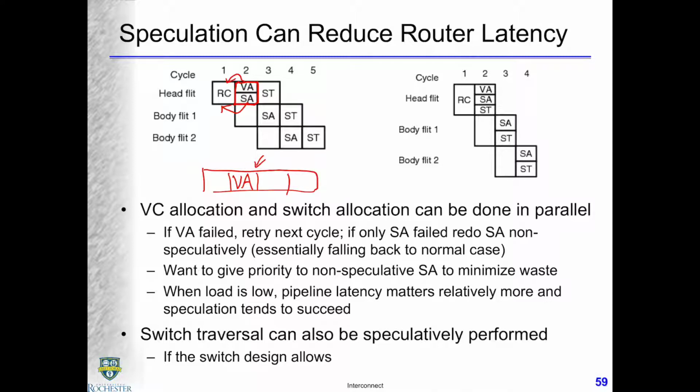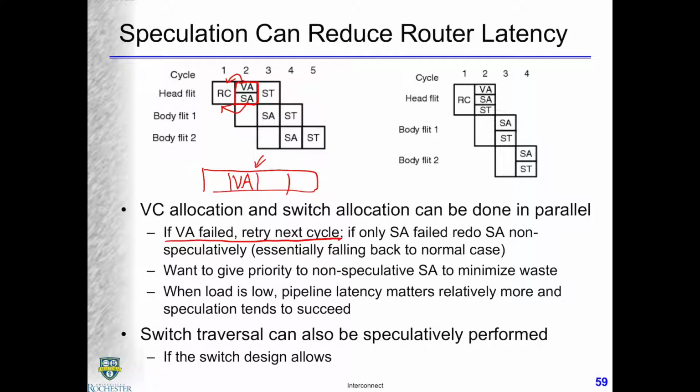So, if your virtual channel failed, then you try next cycle. You just delay the whole thing. And the next cycle, you again do VA and SA at the same time. Again, you run the risk of getting SA, the switch allocation, completed, and you have nothing to send. This happens. This is like any reservation system.